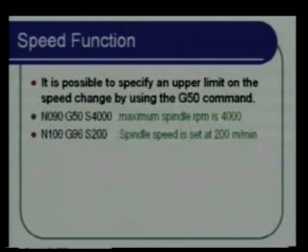Also, when you give the constant surface speed option, when the diameter becomes extremely small, the RPM may become infinite. Infinite means it's not really infinite, but whatever is the maximum spindle RPM that is possible on the machine. Either you can use that maximum limit or you can limit the RPM.